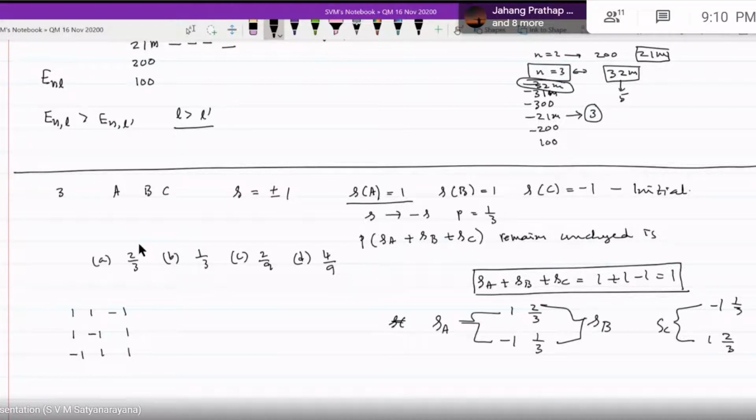In this case also the sum is the same. In any other case, the sum will not be the same.